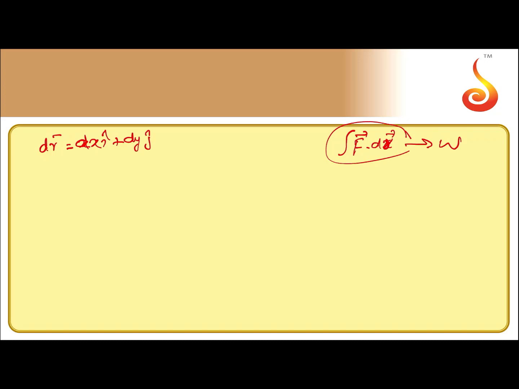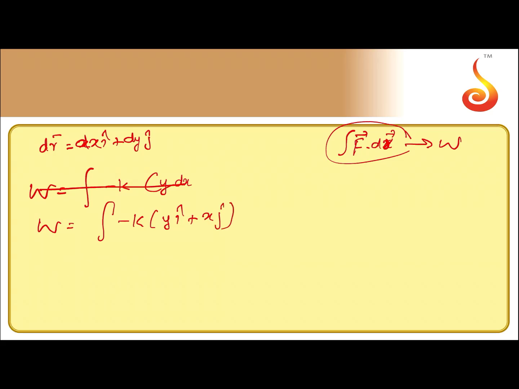So work done is equal to the integral of minus k into (y dx plus x dy). I will write it here: work done is equal to minus k into (yi plus xj) dot (dx i plus dy j).